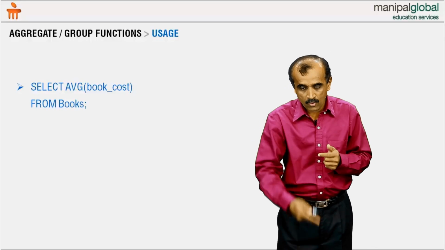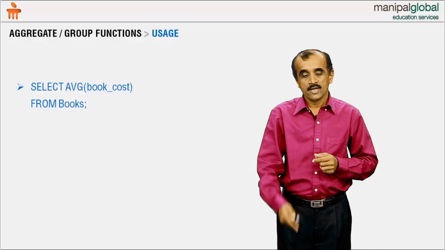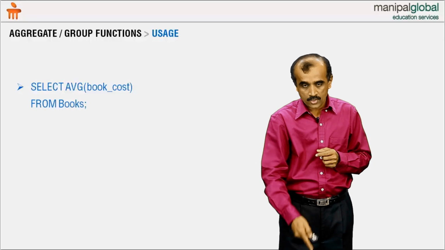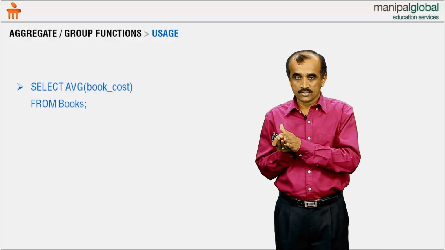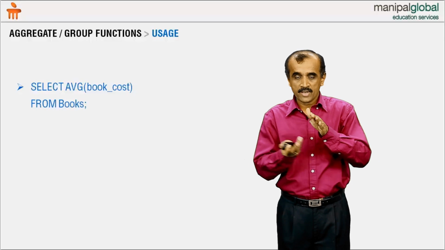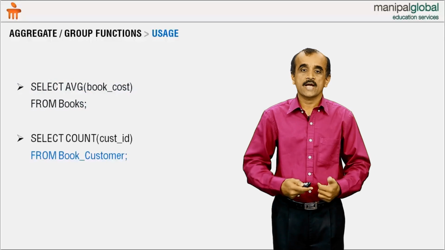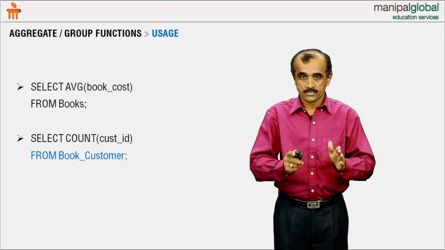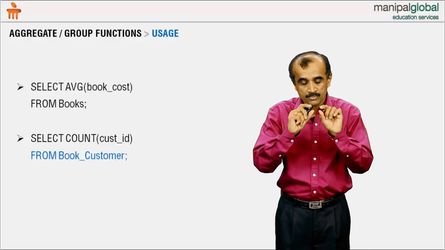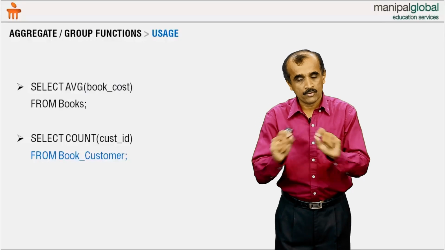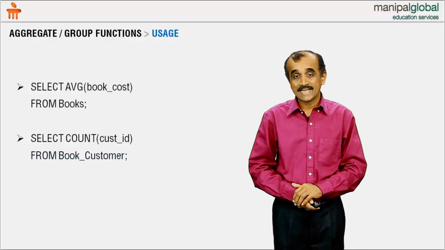For all the books in the table, it selects the cost of all the books, and the average is worked out: the sum of these divided by the number of books gives me the output. Select count cust ID from book customer gives the count of customers. The output of each of these select statements will be one value: average will be one value, count will be one value. These are a couple of examples of usage of aggregate functions.